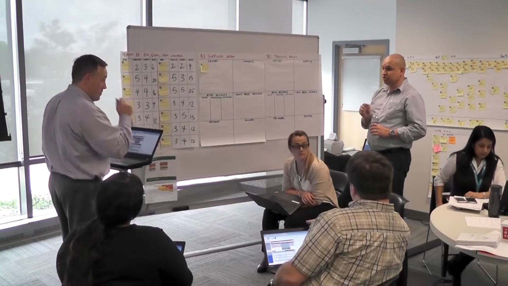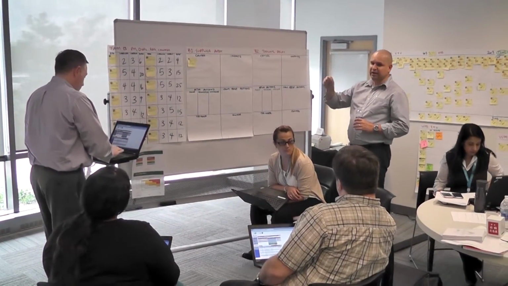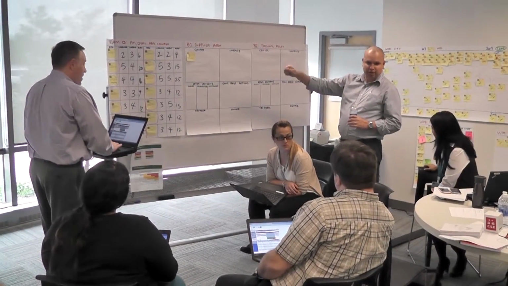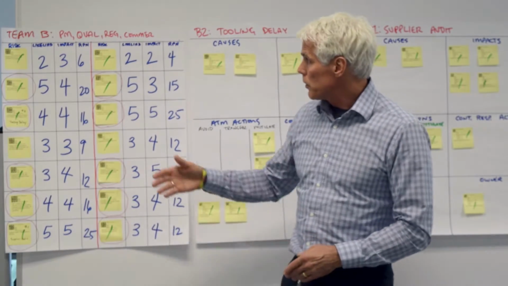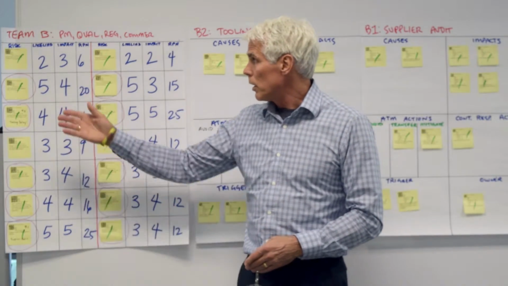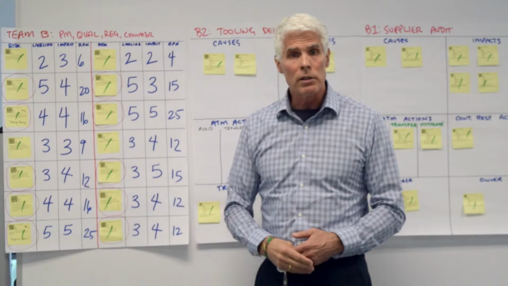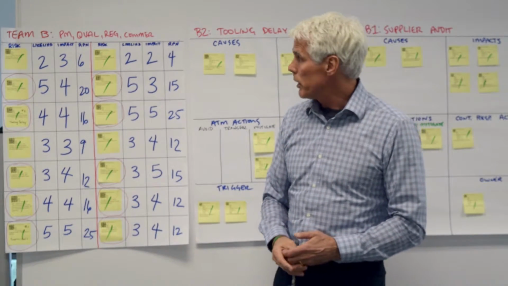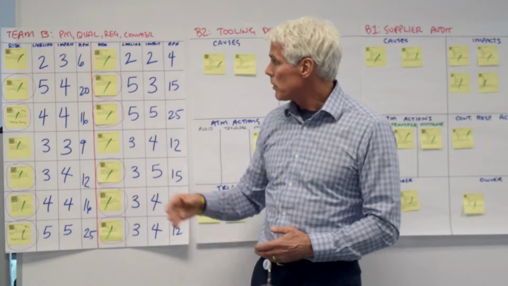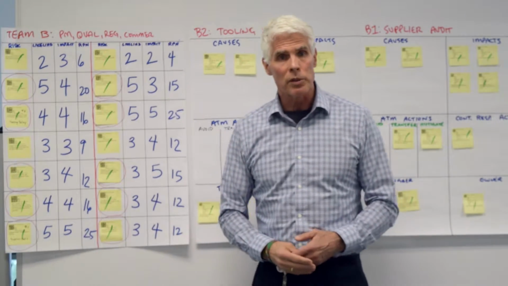Each team takes a set of those risks, and the first step is to do an assessment. This is a standard risk assessment. We clarify the risk to the team. We assess the likelihood of that risk occurring. We assess the impact, and we score these with a risk priority number.